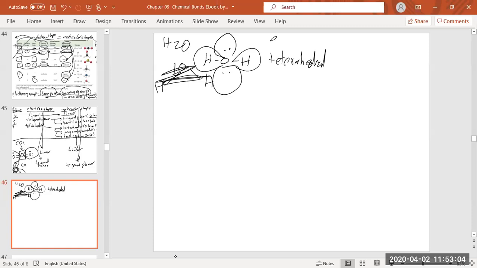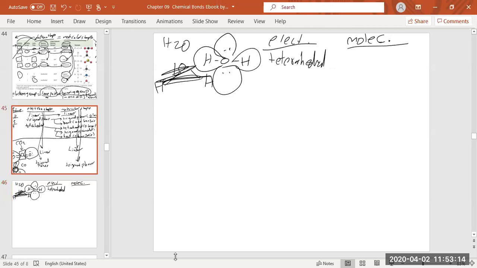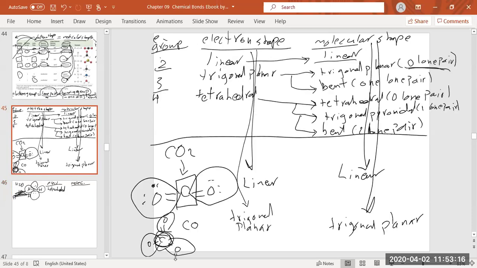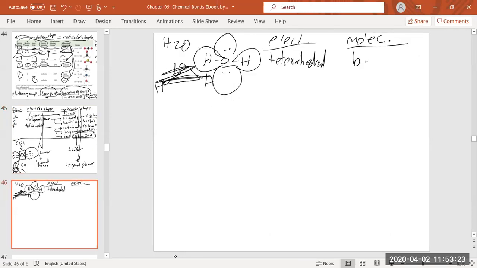Now, this is the electron shape. Molecular shape, what is it going to be? Look here, molecular shape, we have 2 lone pair. When we have 2 lone pair, it will be bent. So here it will be bent.